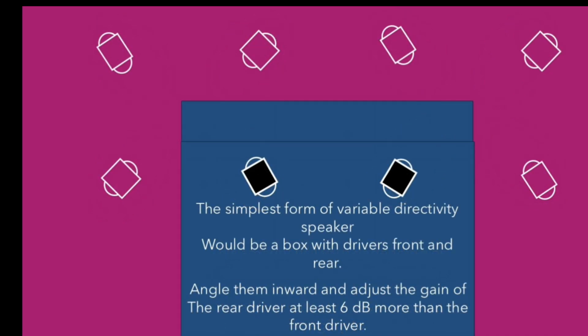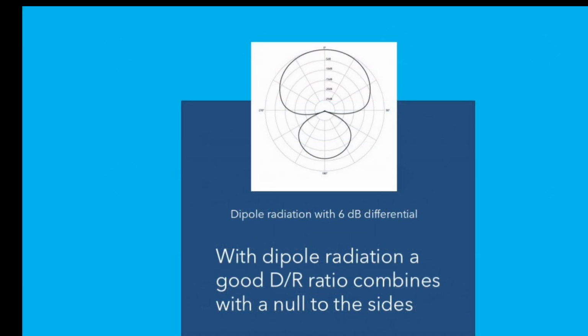The simplest form of a variable directivity speaker would be a box with drivers on the front and rear. You angle them inward and adjust the gain of the rear driver at least 6 dBs more than the front driver. If you happen to have a dipole, or you could switch the rear driver to a dipole configuration, then you could steer the side null in addition to changing the direct to reflected ratio.